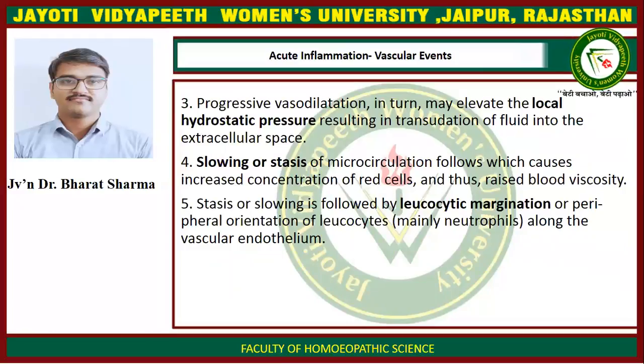Next, progressive vasodilation in turn may elevate the local hydrostatic pressure, resulting in transudation of fluid into the extracellular space. Slowing or stasis of microcirculation follows, which causes increased concentration of red cells and thus raised blood viscosity.